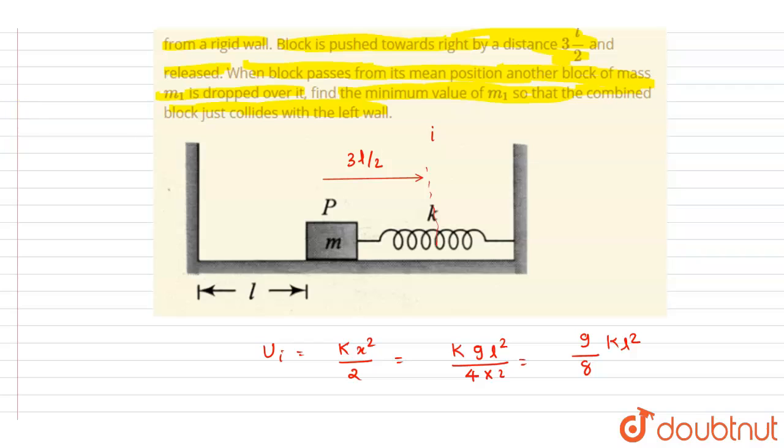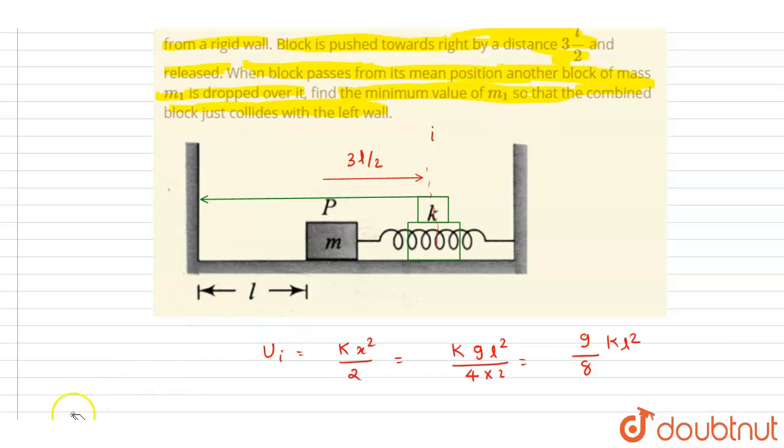Now when I leave it in that situation, the spring will apply force on the block and it will shift toward the left, and we want it to hit the left wall. In between, a small block of mass m1 is kept over it. As the question says, when the block was passing through the mean position, another block of mass m1 is dropped over it.